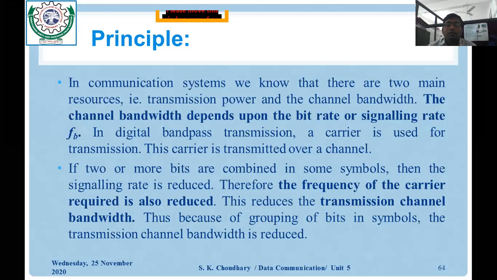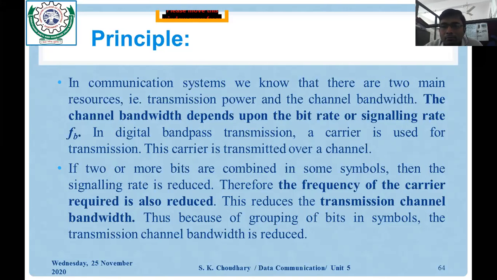In this case, if two or more bits are combined in one symbol, then the signaling rate is reduced, and therefore the frequency of the carrier required is also less. This reduces the transmission channel bandwidth, or the bandwidth stays the same.